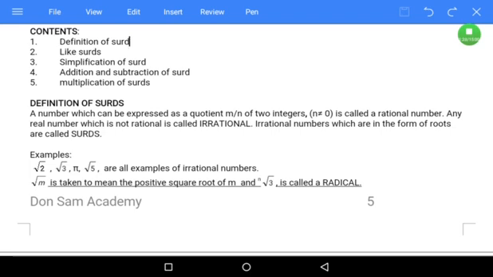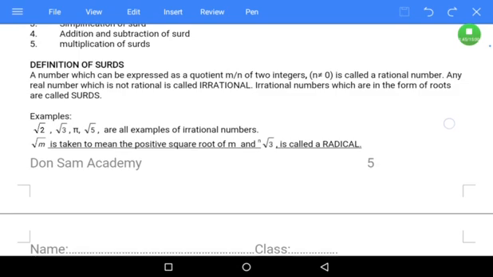So when we have irrational numbers expressed in form of roots, then we call them surds, or surdic numbers. For instance, we have root 2, root 3, we have root 5, or even pi. These are irrational numbers. But root 2, root 3, and root 5 are surds.